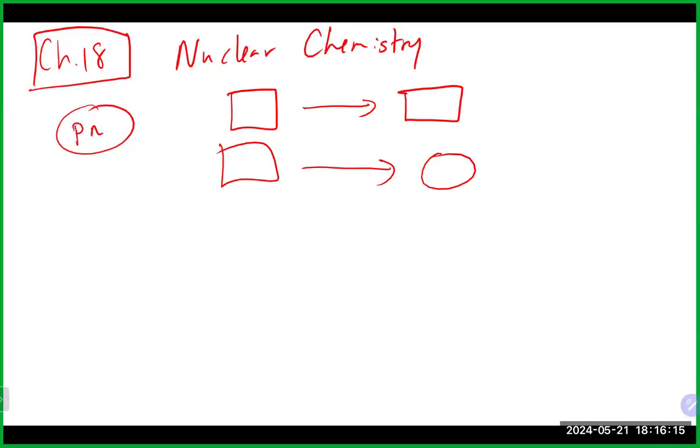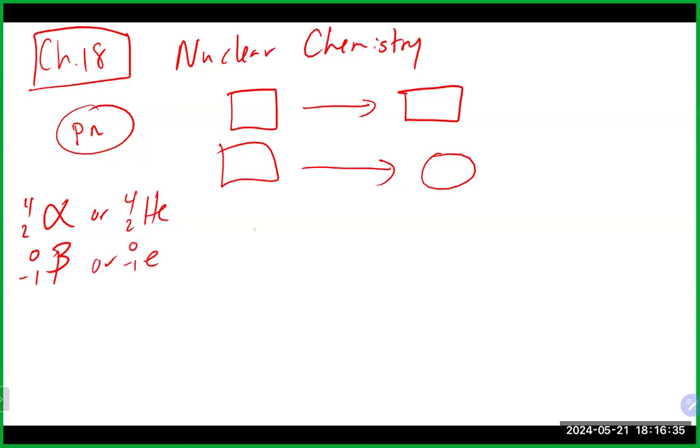So we talked about some major particles that are very common in nuclear chemistry. We have our alpha particle, which is a very popular one, 4 and 2, or sometimes people will use helium as the symbol. We also had beta particles, which is like an electron.